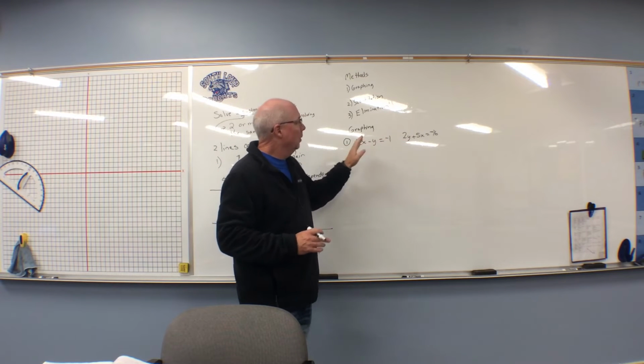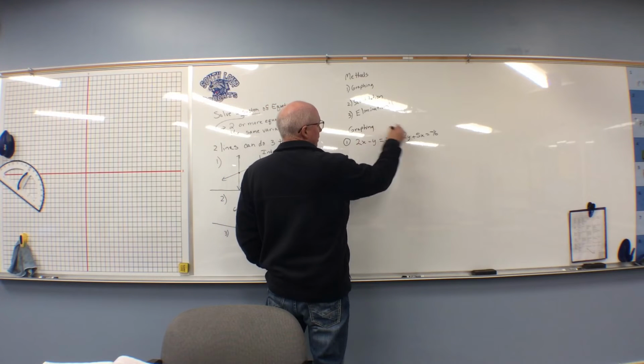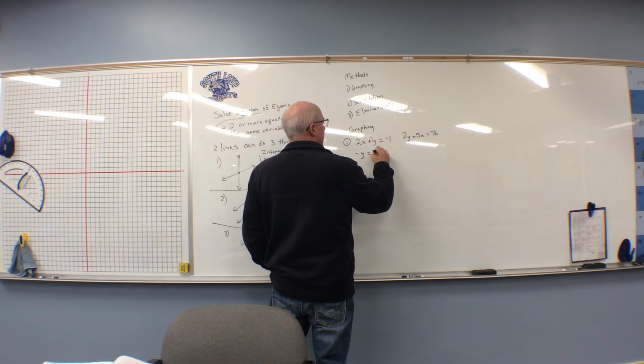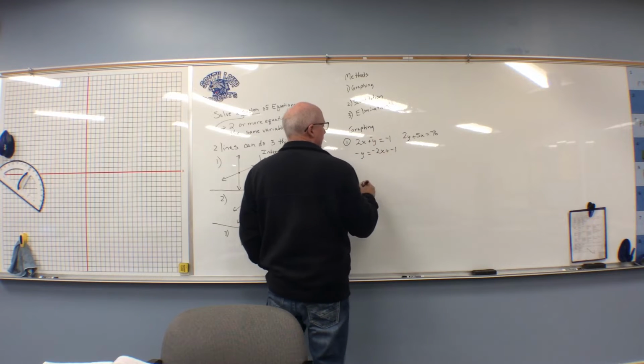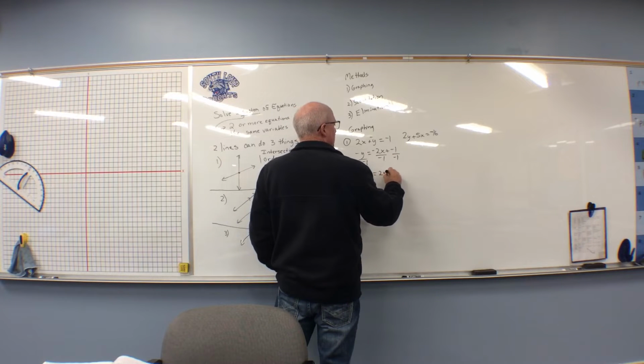But in this one, we write them off to the side because we're going to solve for y. On this one, I move the 2x over, so I have negative y equals negative 2x plus negative 1, and then I divide by negative 1, and that gives us y equals 2x plus 1. I hope I did that right.